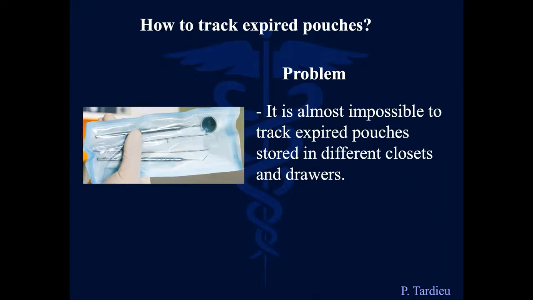It's very difficult because we are managing hundreds and hundreds of instruments and pouches. So we need to have a way to track these hundreds of instruments which are packed in one way or another. So this is why we are working in a digital way.